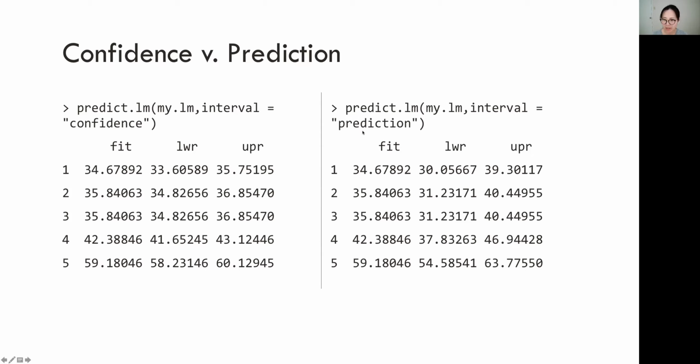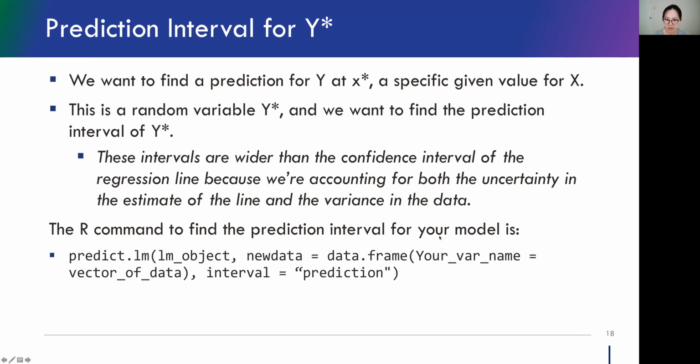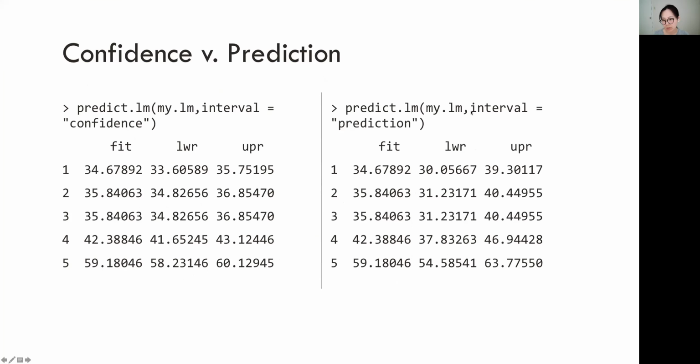And on the right-hand side, we have a prediction interval for the data we have. You notice that I didn't specify what the new data is. When I ignored that argument, that means I'll do prediction on the original x we have. I didn't give it new data to predict on. It will just predict based on whatever x value we have.